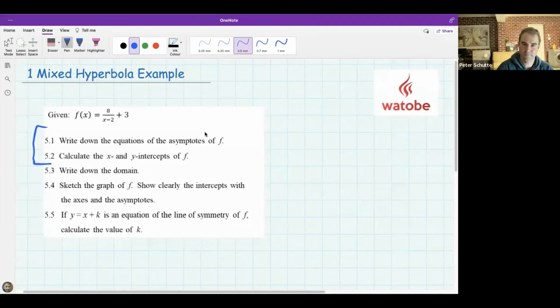Yo, this is on fire. They've already given us the x's and the y's. Yeah, the asymptotes are a nice, easy mark, aren't they? But now let's find the x and y intercepts too.